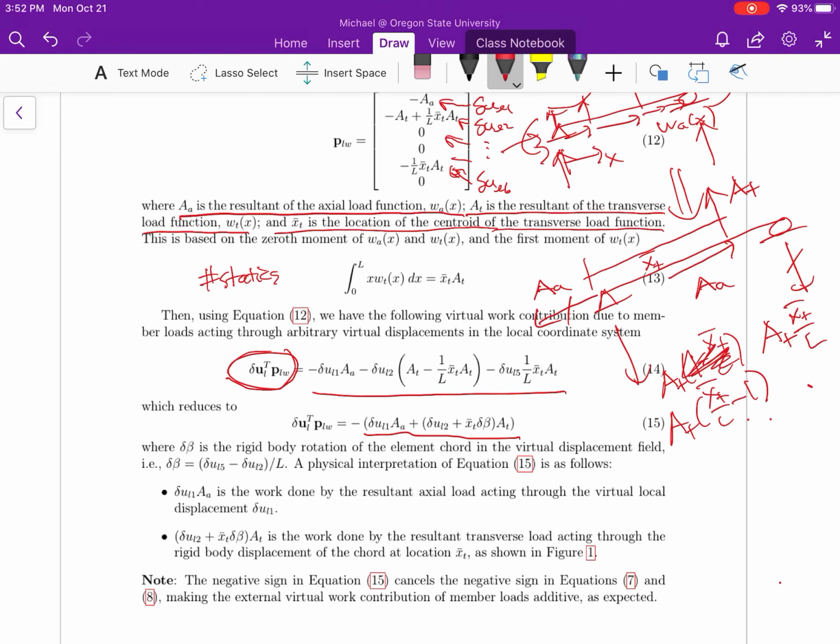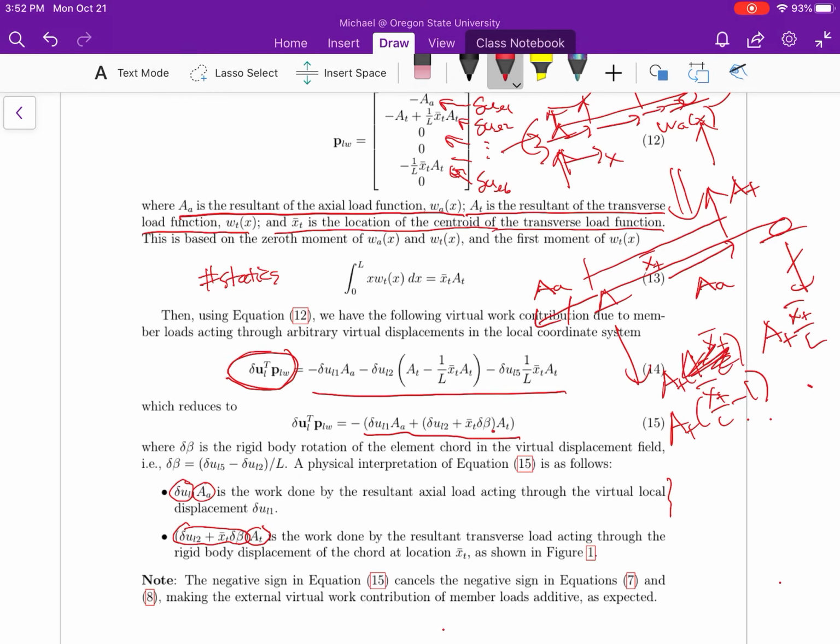We have the virtual local displacement degree of freedom 1 times the resultant axial force, and then this expression times the resultant transverse force, A sub T. And we recognize that this is just a work term of local virtual displacement times force, as well as a displacement times a force.